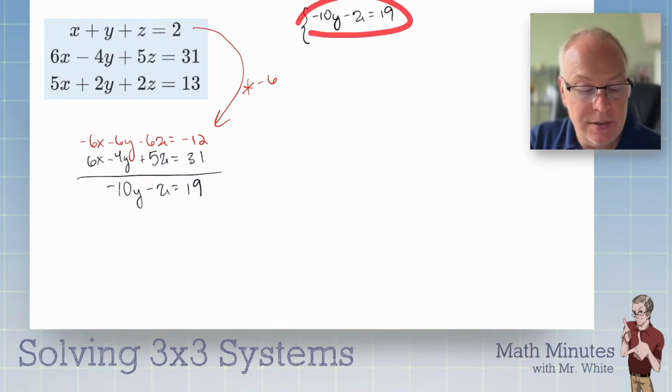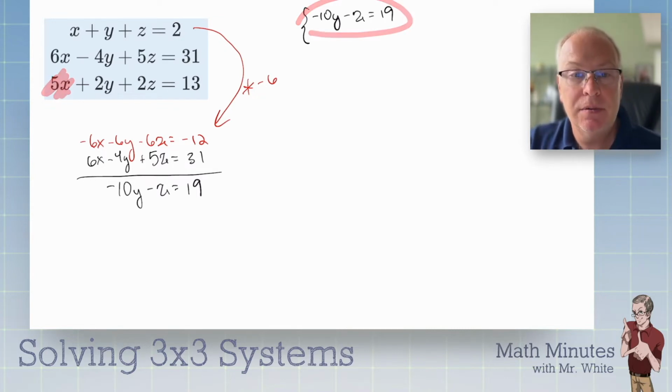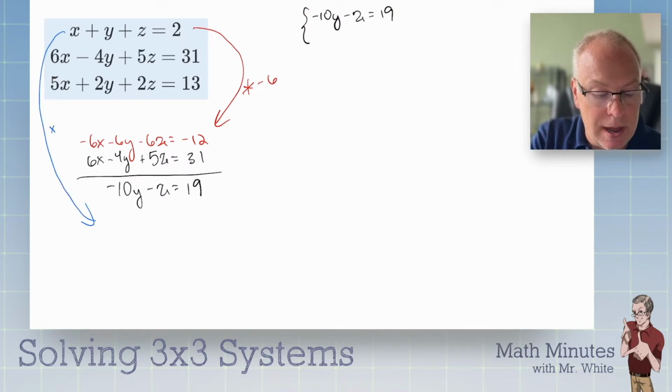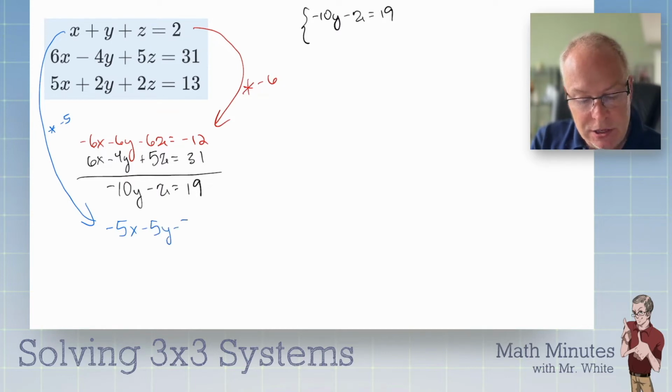We need another YZ. So I've got to eliminate this 5x. How am I going to do it? I'm going to take the first equation, which I said was really handy, and multiply by negative 5 this time. So that'll be negative 5x minus 5y minus 5z is negative 10.